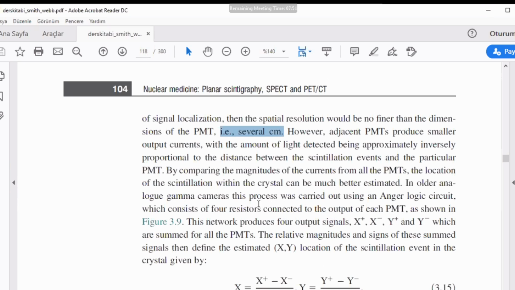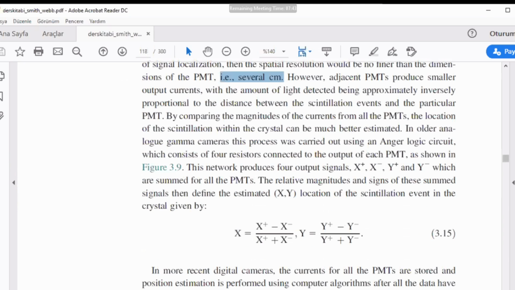In analog gamma cameras, this process is carried out using an Anger logic circuit, which consists of 4 resistors connected to the output of each PMT. Actually, as shown in figure 3.9, this network produces 4 output signals, which are summed for all PMTs. The relative magnitudes of these summed signals define the estimated XY location of the scintillation event in the crystal.